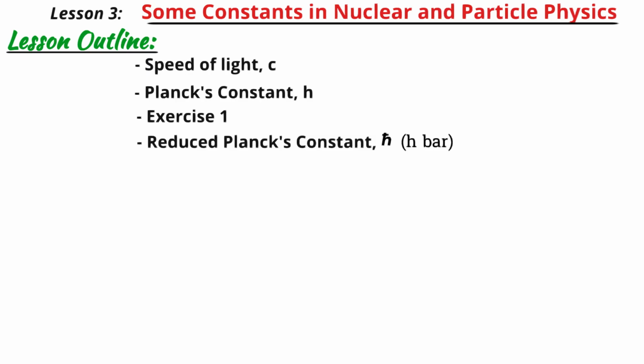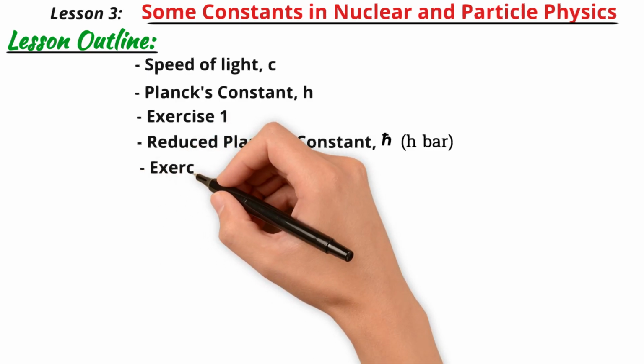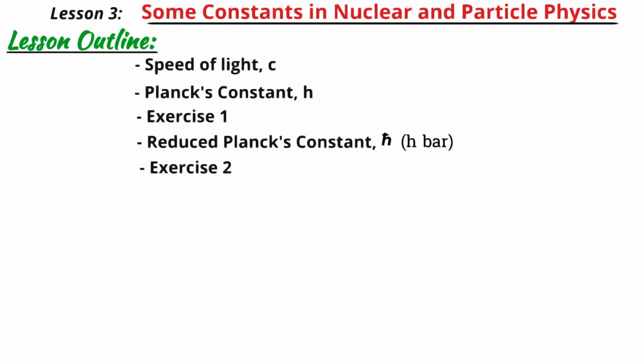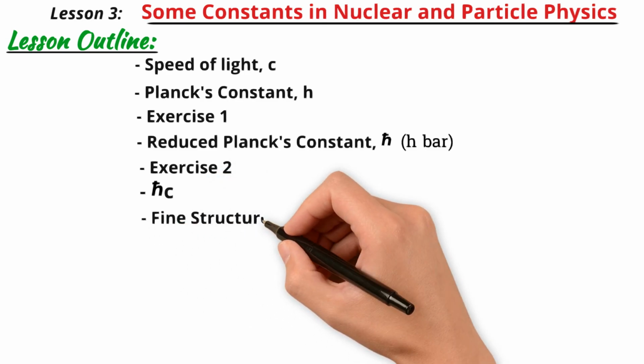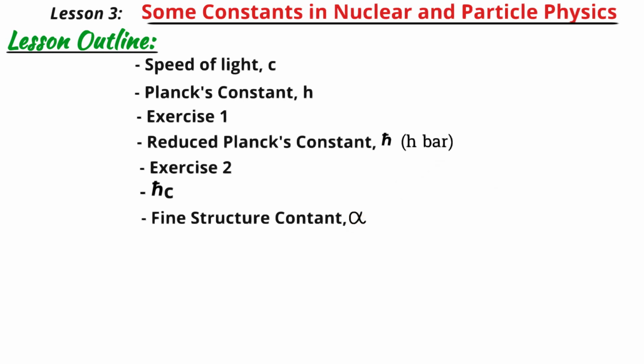And then we'll do another exercise, and then talk about h bar c, which is a constant that is used in so many calculations. And then we'll also talk about the fine structure constant. And finally, we are going to talk about the constant e squared divided by 4 pi epsilon naught.